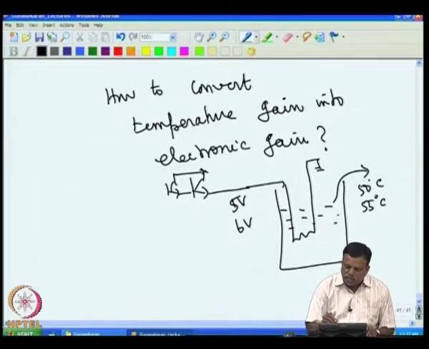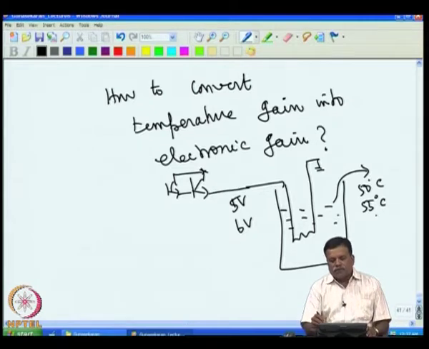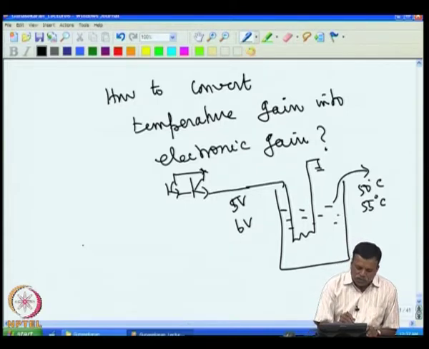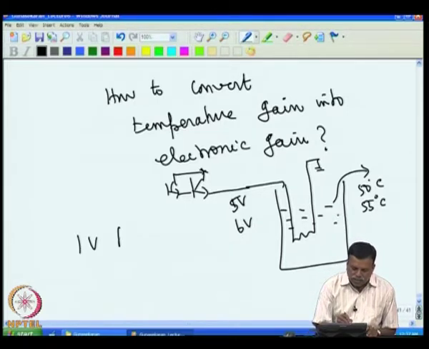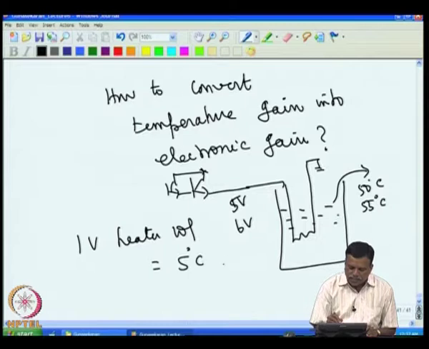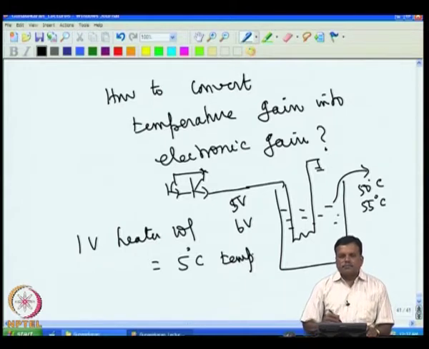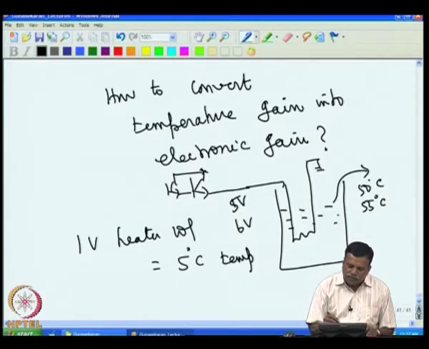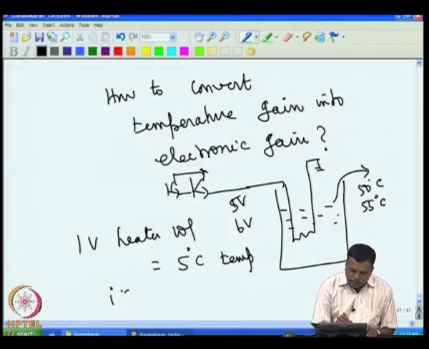That means 1 volt change here gives you 5 degree temperature change. That means 1 volt heater voltage equals 5 degree temperature rise. So if I get 1 volt at the heater, it is equal to having 5 degree temperature rise.